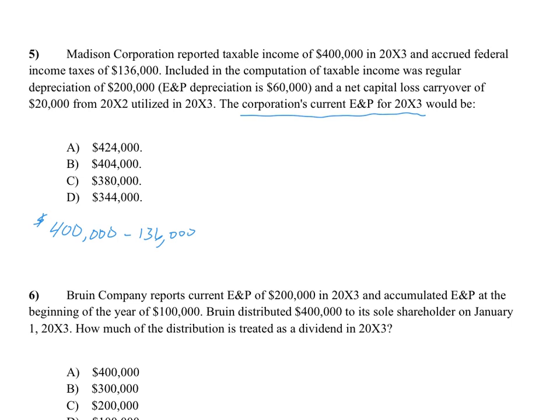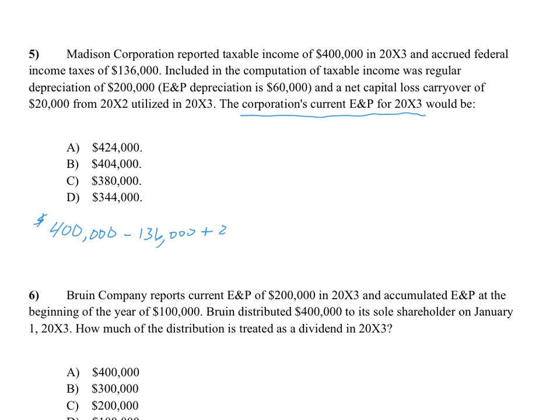Well, we've got regular depreciation and earnings and profits depreciation. Earnings and profits depreciation is what we're concerned with. And so what we need is the difference, right? But we can do that a really smart way, and it's less confusing.